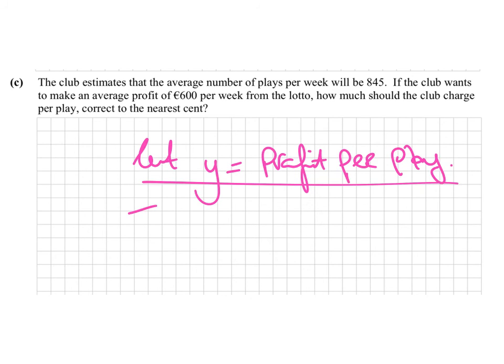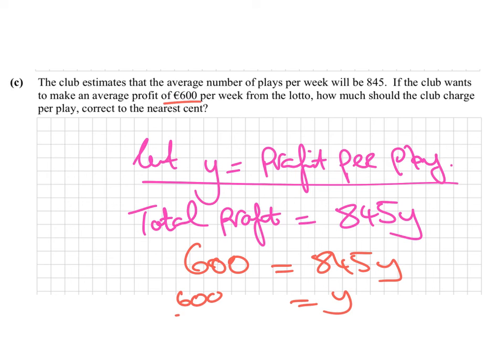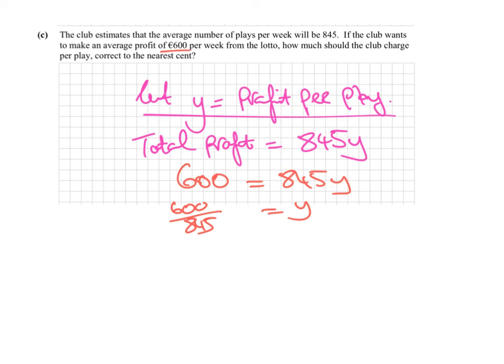So the total profit equals 845 times y. So the total profit they want to be, or they expect to be, is 600. So 600 equals 845y. I'm just going to solve for y, which is going to give me y equals 0.71.